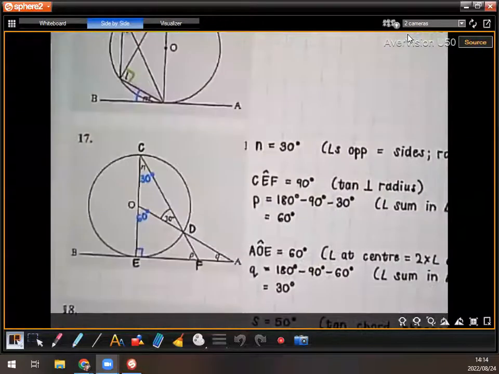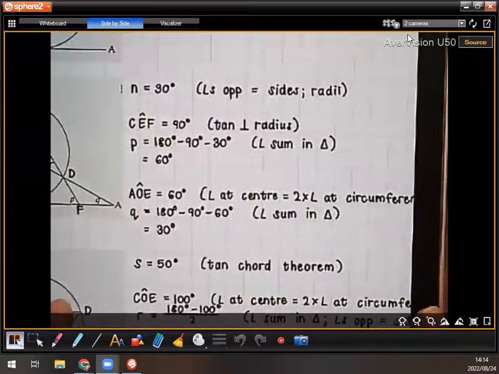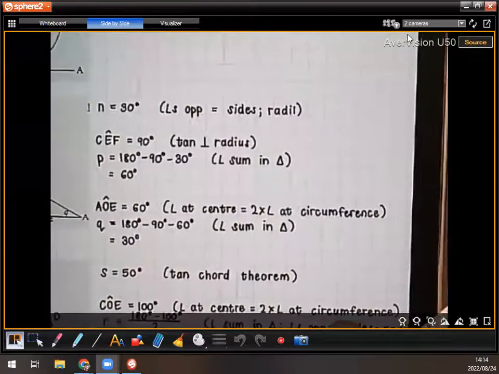Any questions on that? The 17 was much longer. Again, I don't know if there was maybe a shorter way of doing it.